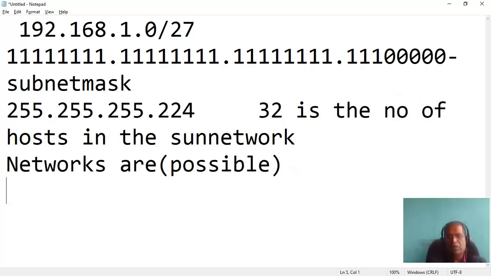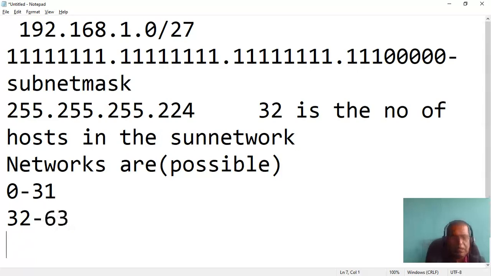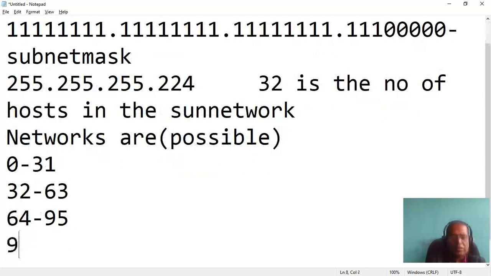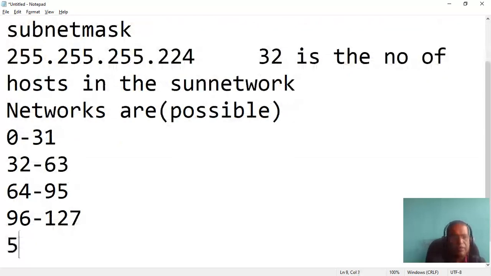Now the possible networks we will calculate: 0 to 31, 32 hosts, 32 to 63 is the second subnet, third 64 to 95, the fourth subnet will be 96 to 127, the fifth subnet will be 128 to 159.